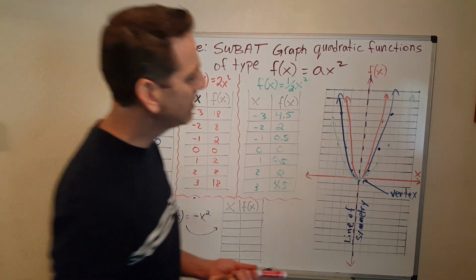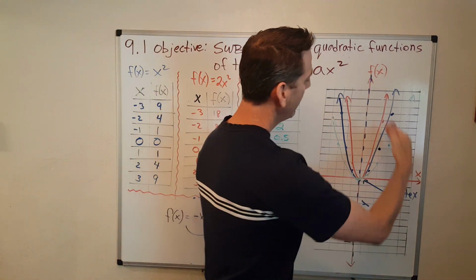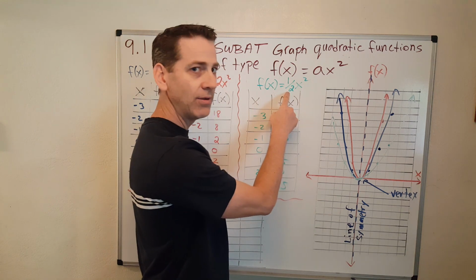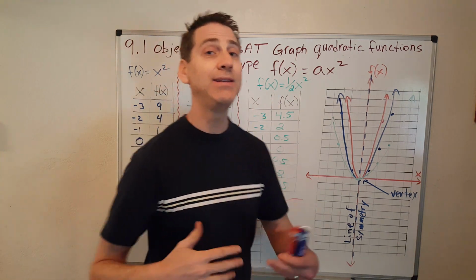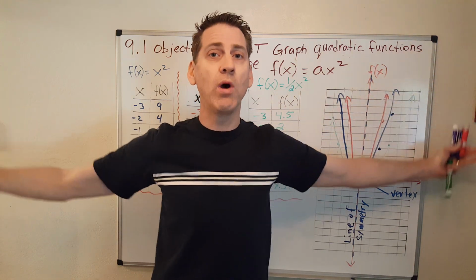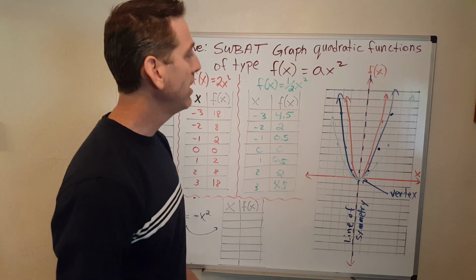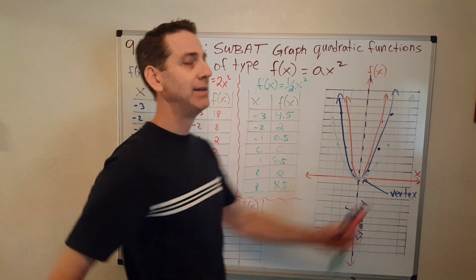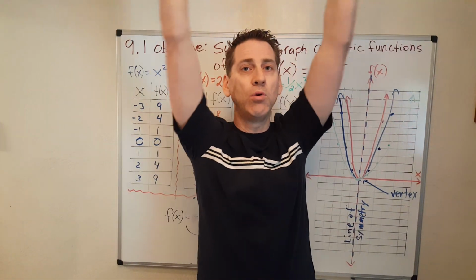As you can see, when a is less than 1, or as a decreases, my graph is going to get wider and wider and wider. As it increases, it's going to get more narrow.